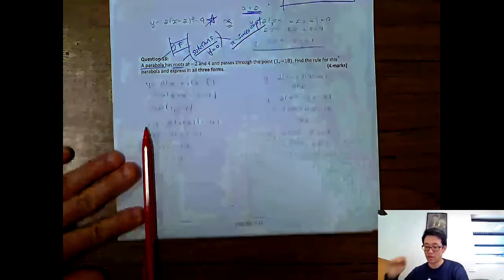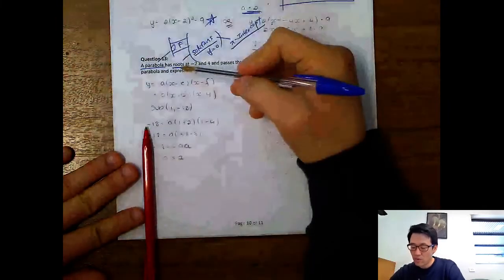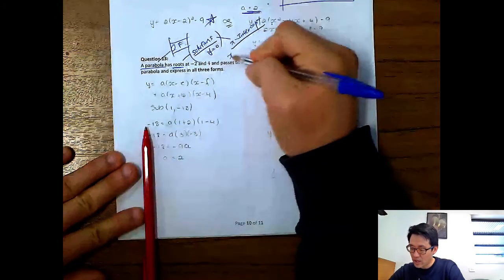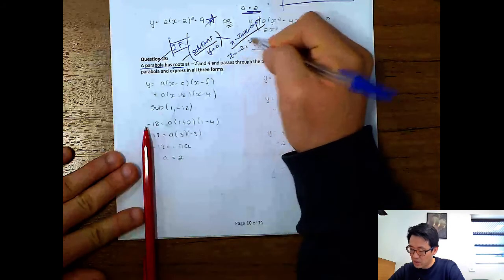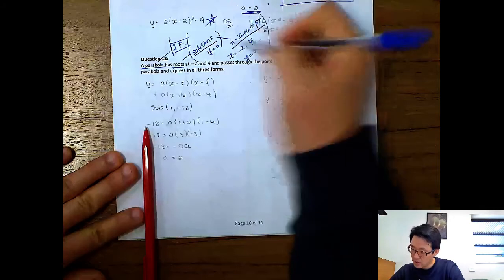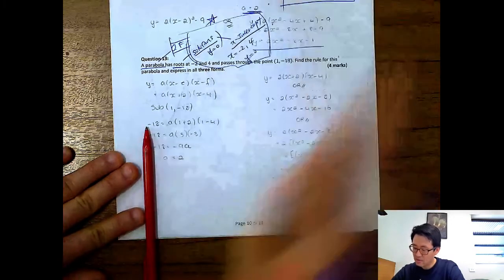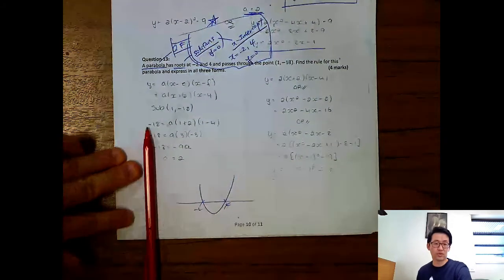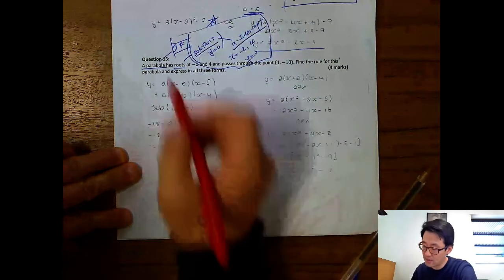So all the same thing. The roots, when they say the roots are minus 2 and 4, which means when x equals minus 2 and 4, we will have y equals 0. Okay? Please remember this. They're saying minus 2 and 4 when I draw it. That's what they're saying.